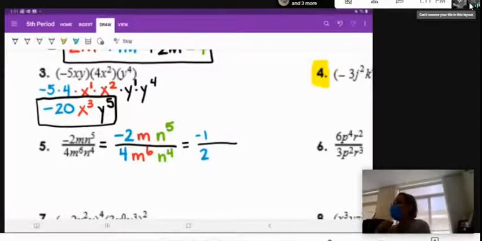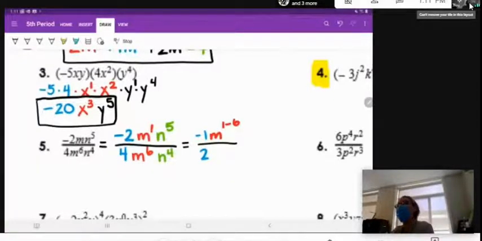Now let's look at the m's. We have an m, which we're going to call m to the 1st, over m to the 6th. This is quotient rule. So with quotient rule, we take our top exponent minus our bottom exponent. But this is the important part. It goes here on the top of the fraction.